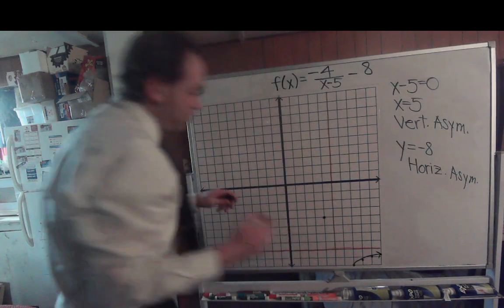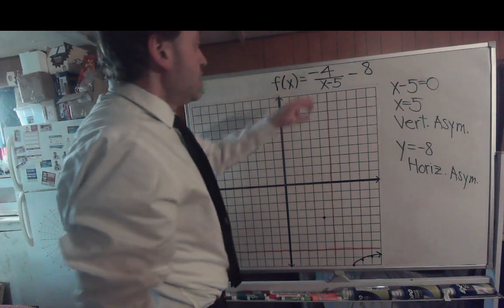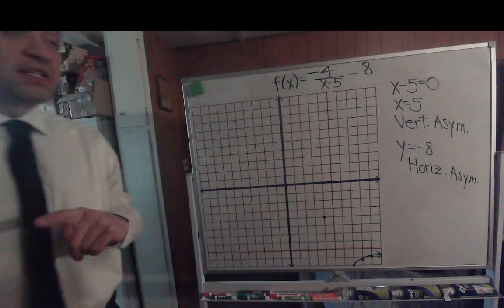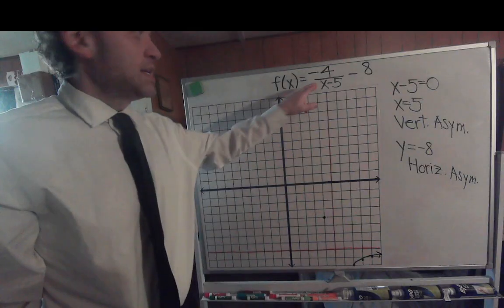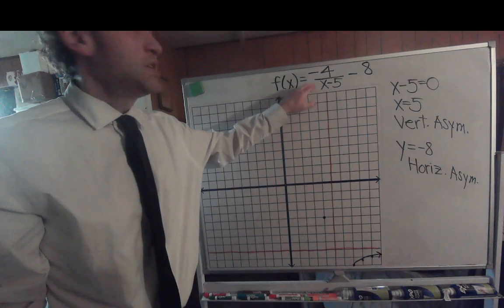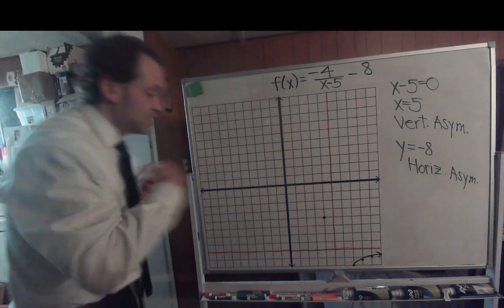So negative 4. What about when x is 3? 3 minus 5 is what? That's negative 2. Negative 4 divided by negative 2 is going to be 2 minus 8 is negative 6.